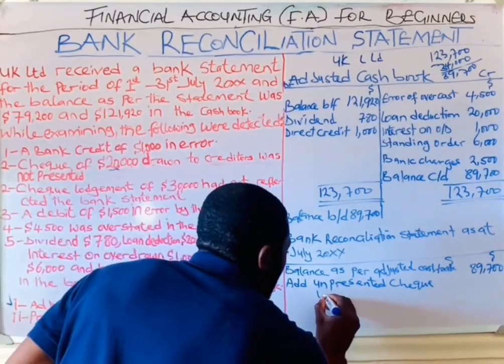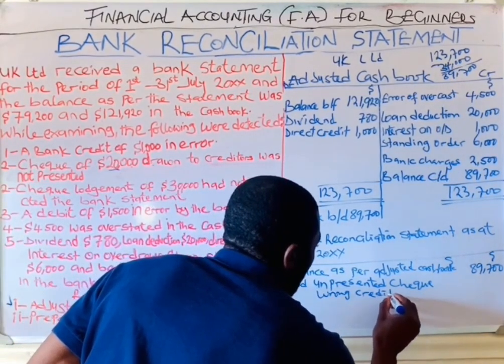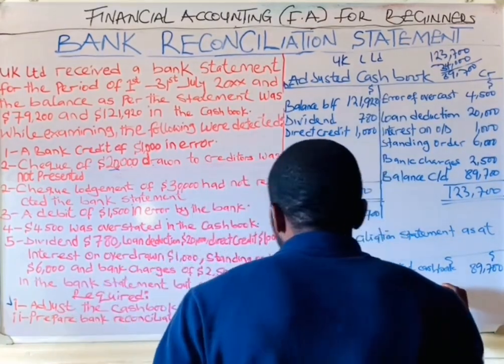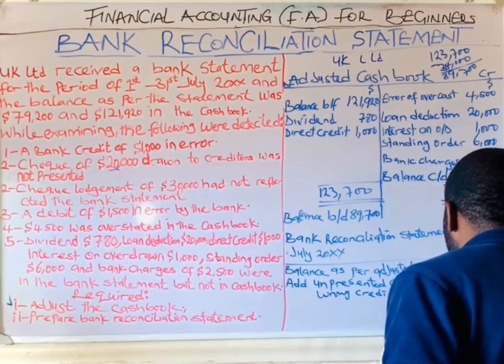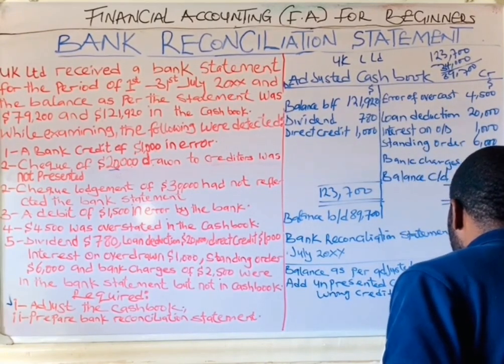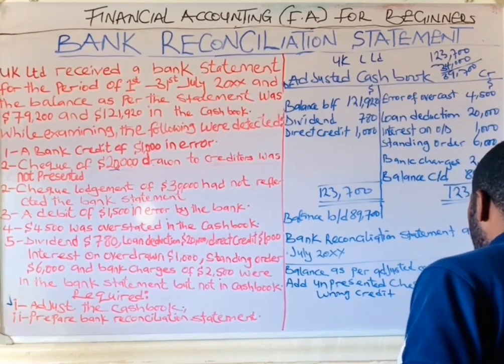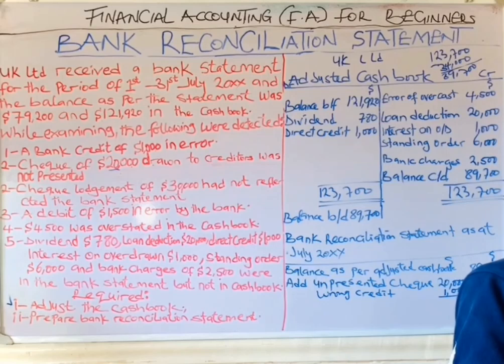You see, you add your wrong credit, and it is 1,000. Here is unpresented cheque, $20,000, and wrong credit is 1,000. So if you add it, you're going to get 21,000.